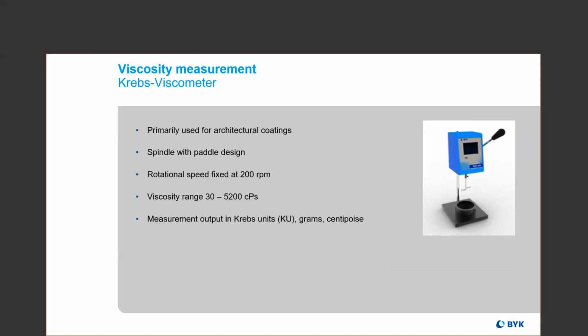And so the results you get when using a Krebs viscometer tend to be very comparable with other people or other companies or locations that may also be using a Krebs viscometer, without having to make sure that you control for things like the speed, because it only comes with one speed and one spindle. So it's a very simple viscosity test for a rotational viscometer with a lot of the parameters preset so that you have consistent, comparable results.